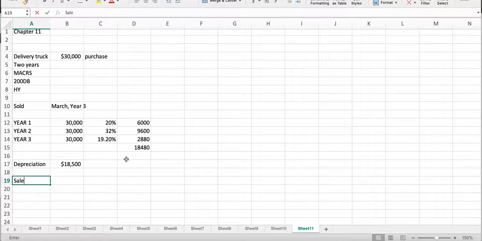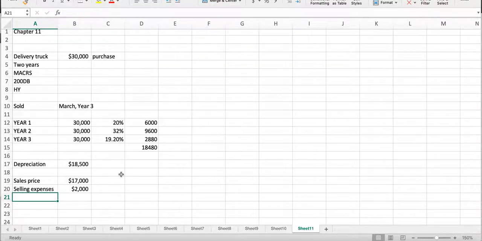So we've got a sales price of $17,000 and we have selling expenses of $2,000. So what we look at is what gain or loss do they have and what is the character of that? And the way that we have to do this is we take the amount realized, and I'm kind of doing this the hard way just so you can see all the numbers, but the amount realized would be $15,000, which is the 17 minus 2.